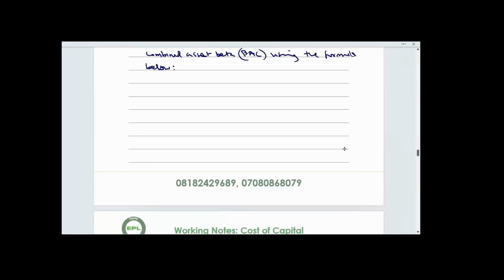So to get the beta asset of the combined: beta asset of the combined, or combined asset beta, is equal to the beta asset of the first activity multiplied by total market value of equity and debt of the first activity divided by total market value of equity and debt of the first and second activity on one side, plus, open a bracket, beta asset of the second activity multiplied by total market value of equity and debt of the second activity over total market value of equity and debt of the first and second activity.